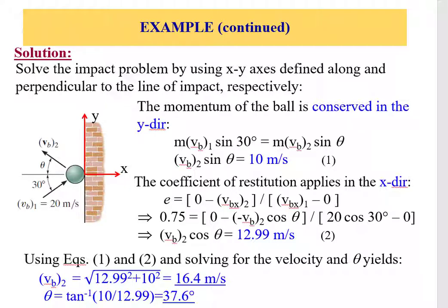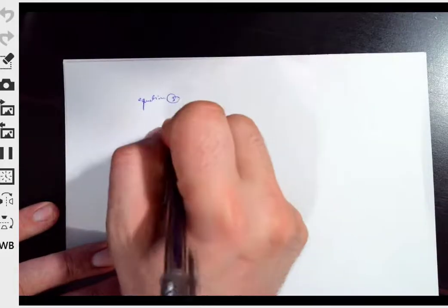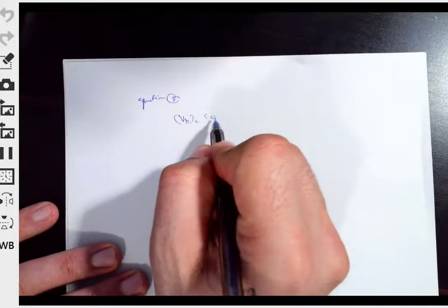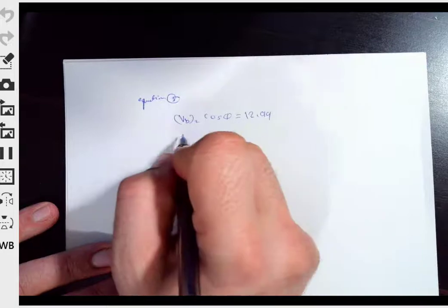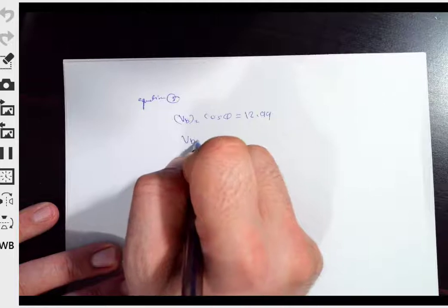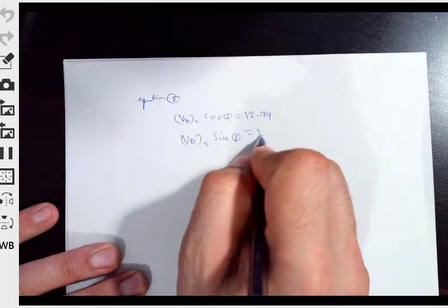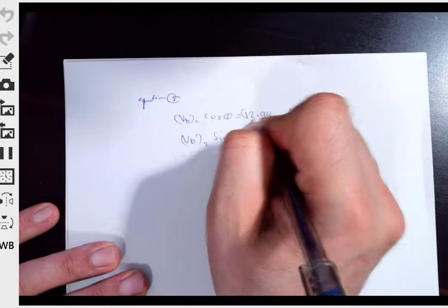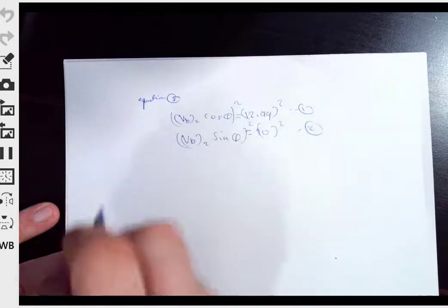I can switch to show how that is solved. Equation 1 says that VB2 cosine theta equals 12.99, and equation 2 says that VB2 sine theta equals 10. So we square both of them and then add.